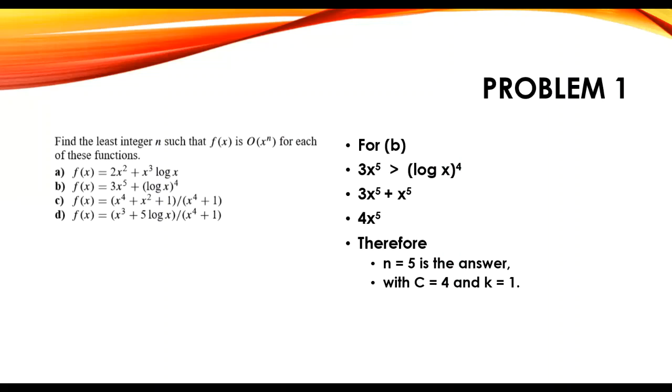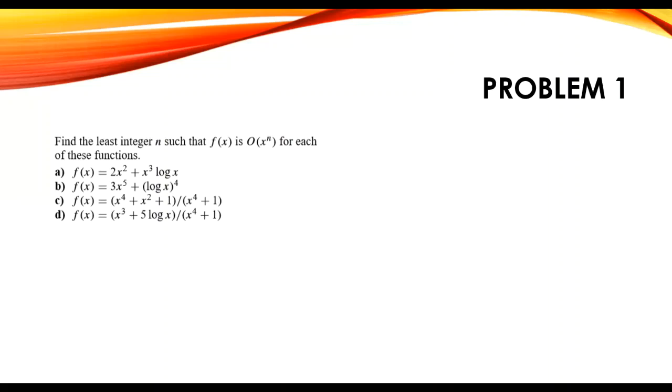Okay, letter C. We have f of x equal to x to the fourth plus x squared plus 1, divided by x to the fourth plus 1. If we have this type of equation, we could just divide and get the final equation. But for me, before doing the division, I'm going to evaluate the numerator and denominator.